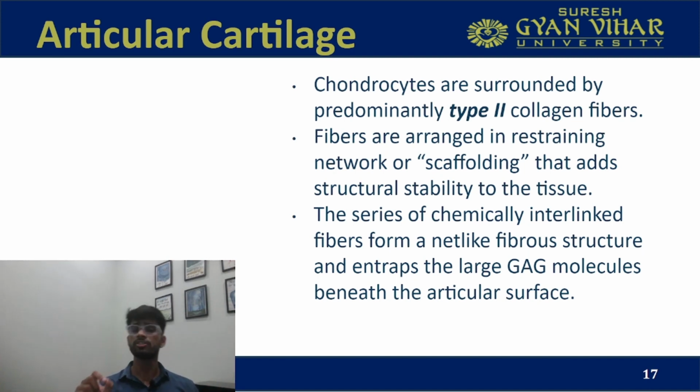They are less thick than type 1 collagen fibers, but they are still able to provide some structural stability. But there is one difference compared to dense irregular connective tissue, which we studied earlier was composed of type 1 collagen fibers, while articular cartilage is composed of type 2 collagen fibers.